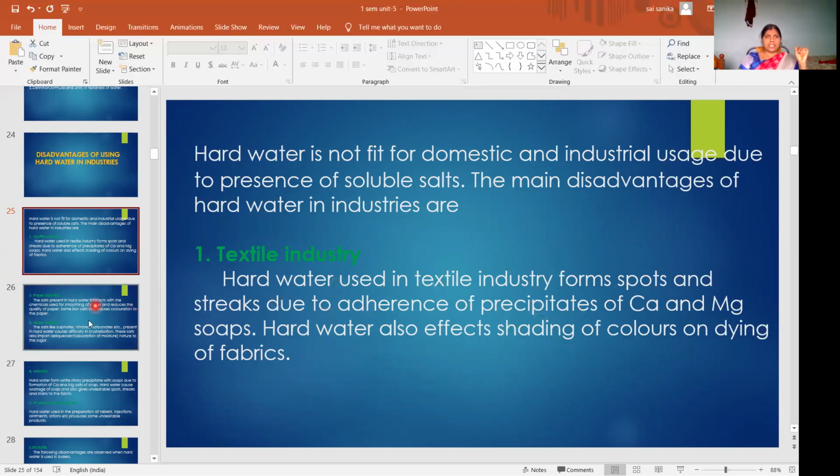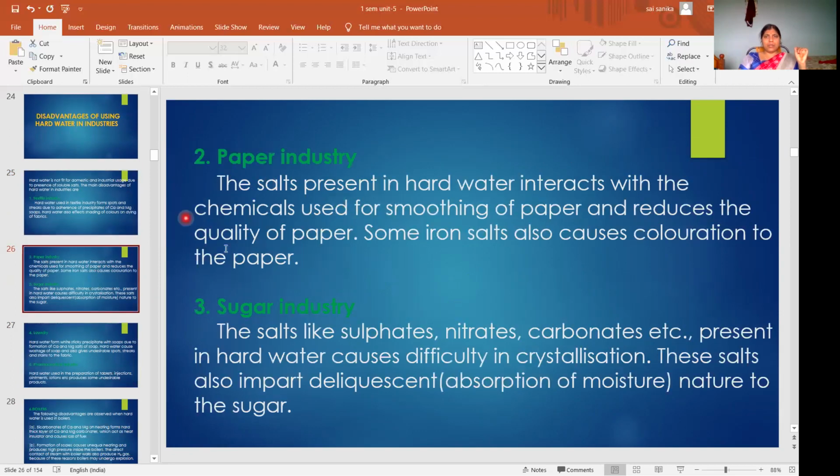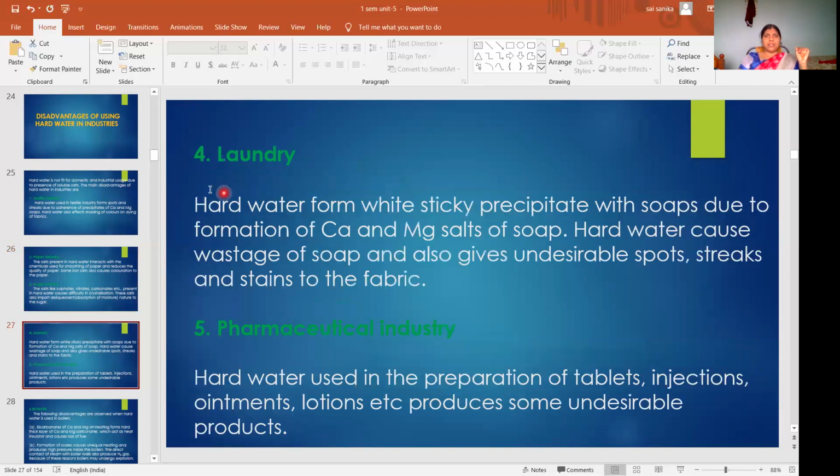The next, paper industry. What is happening? Quality of the paper is reduced and coloration will be affected. And sugar industry, what is happening? It affects crystallization of sugar and it gives a deliquescent nature to the sugar. And in laundry, what happens?